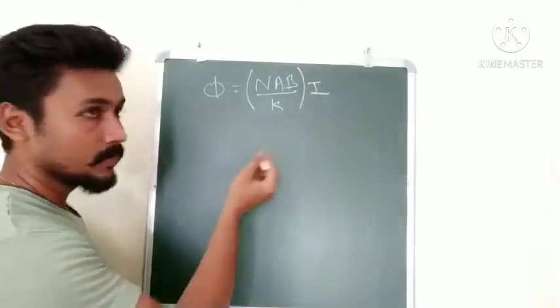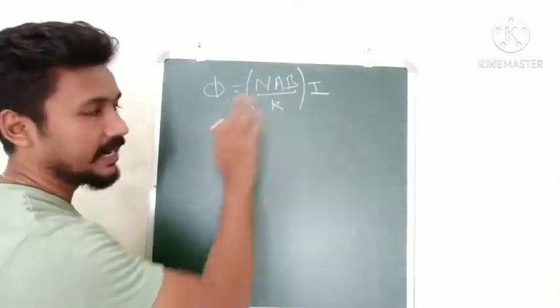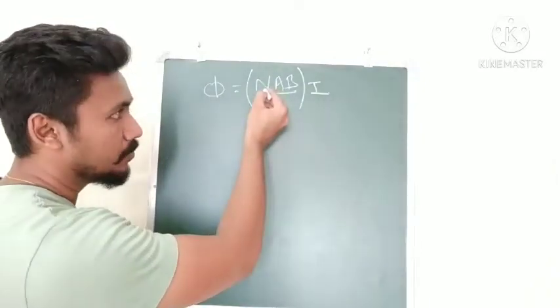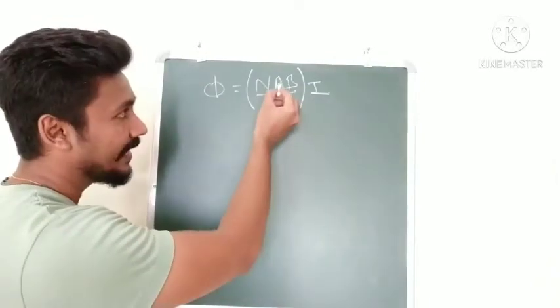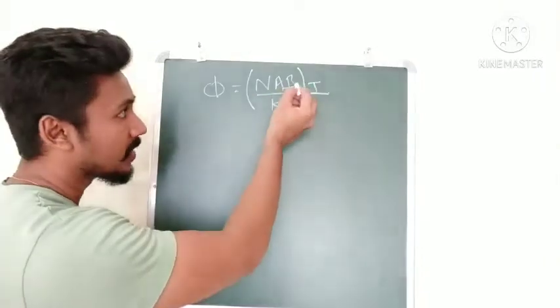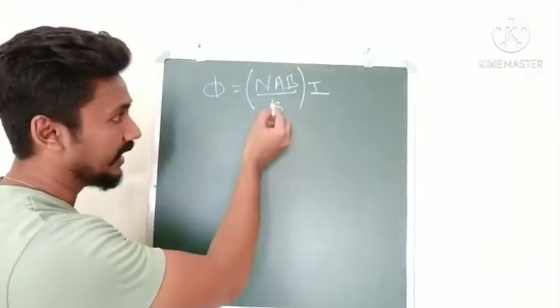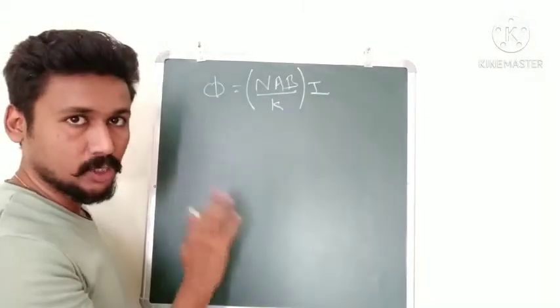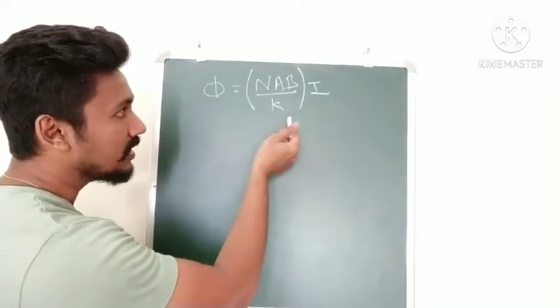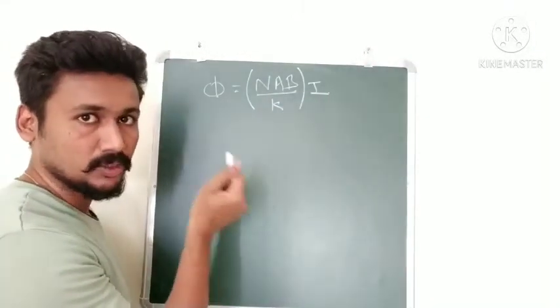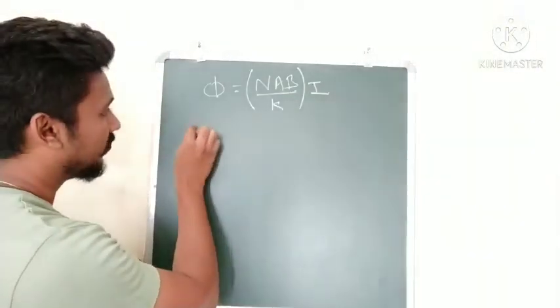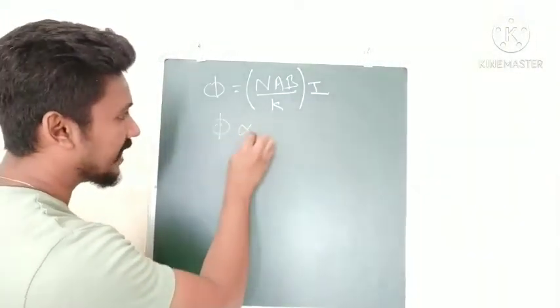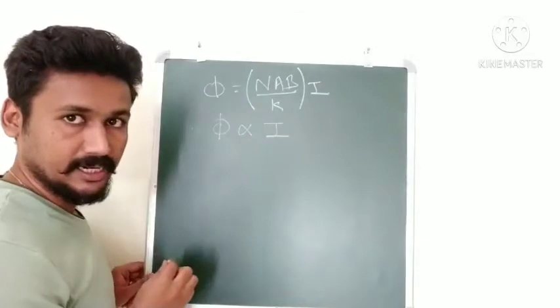And what do you see? All the quantities inside the bracket are constant. N, number of turns of the coil, constant. A, area of the coil. B, the magnetic field. K, the spring constant. So this quantity in the bracket is a constant. What is variable? The current is variable. So therefore phi is directly proportional to the current.